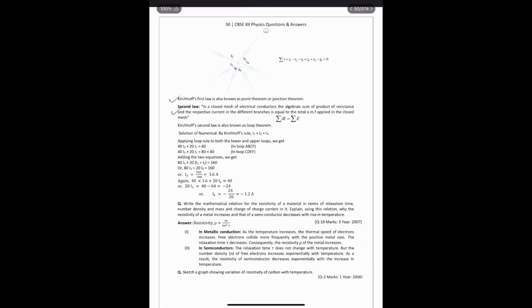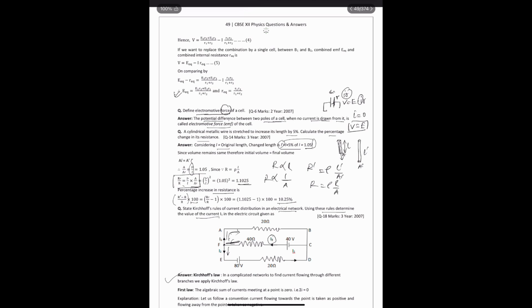I3 is divided into two outgoing currents. At this point F, I3 is coming in, and I1 and I2 are going out. So as per Kirchhoff's first law, I3 is equal to I1 plus I2. Correct. And now applying the loop.